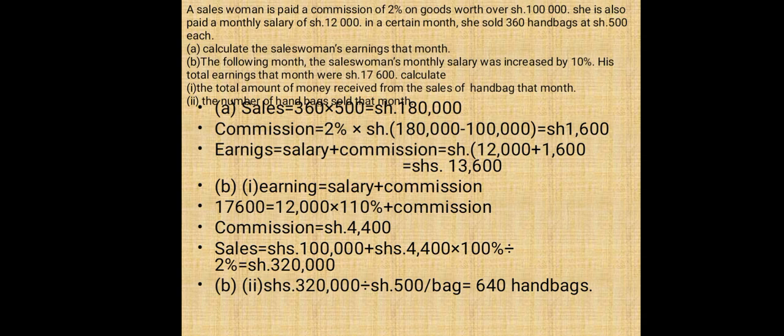So if you add 100,000 and what has been computed for the sales, you get that the sales was 320,000. So 320,000 divided by the price of each handbag, which is 500, you find that the saleswoman sold 640 handbags during that month.